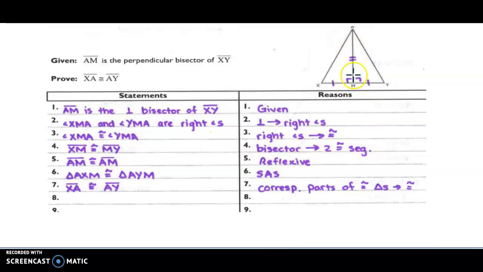And then, of course, there's the reflexive property, and by SAS, side angle side, these two triangles are congruent, and therefore XA is congruent to AY because of CPCTC. Remember, you can only use CPCTC once you've proven a triangle to be congruent.